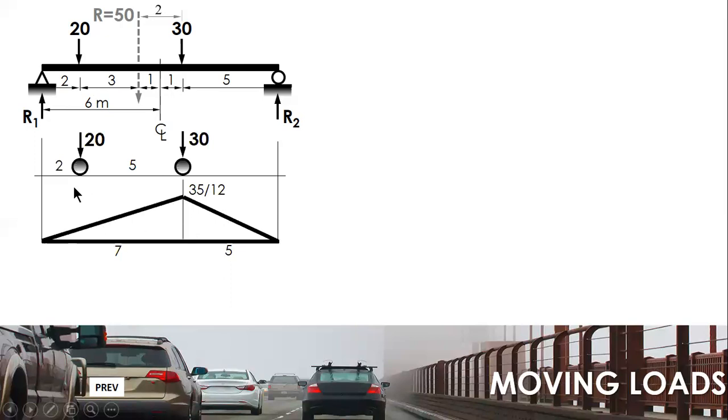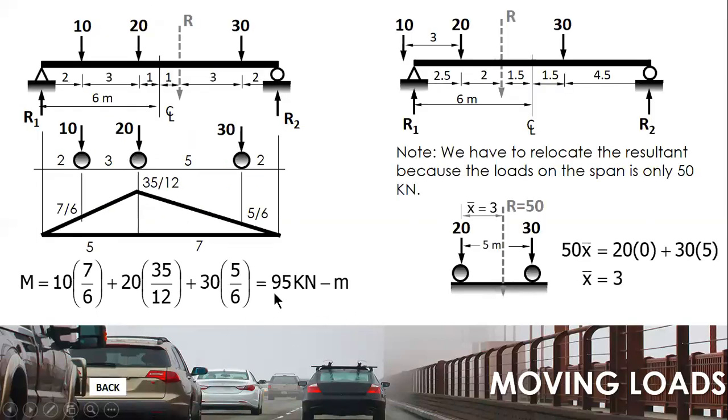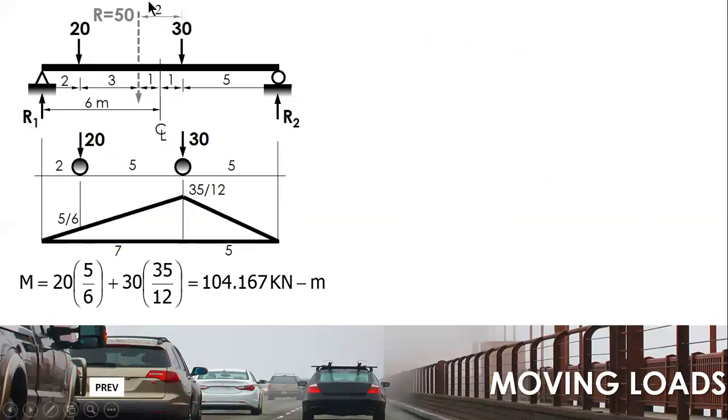Then ratio and proportion or slope times x gives y, and compute. Magnitude times ordinate gives 104.167. To check, the maximum at 20 is 95, whereas at 30 is 104, so that is the maximum.